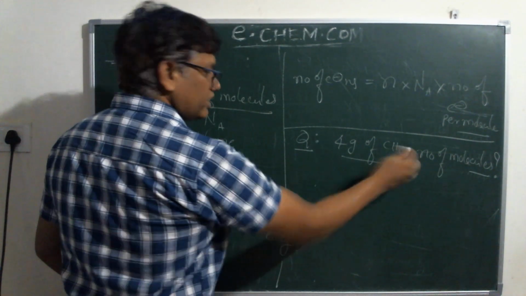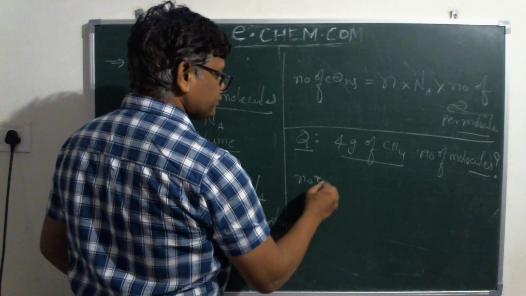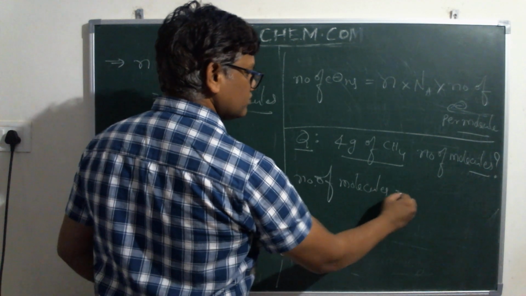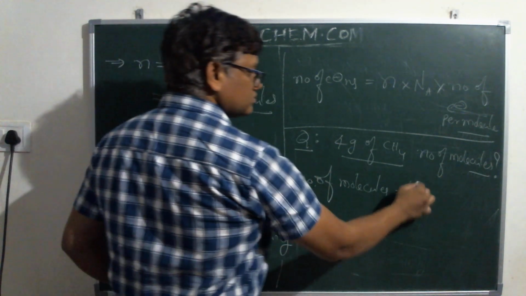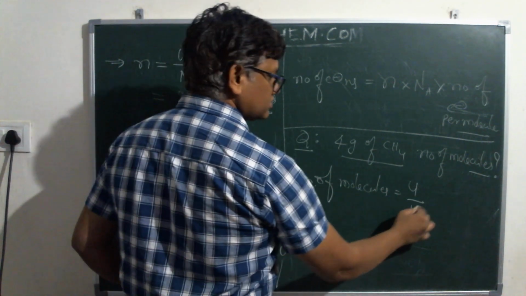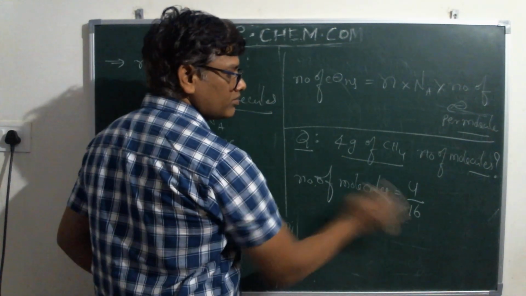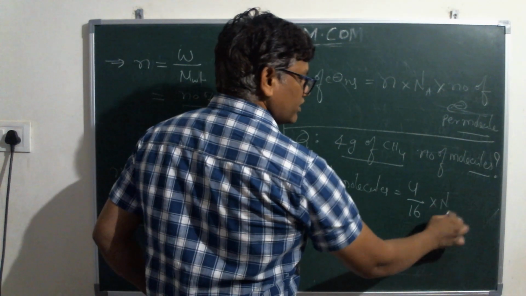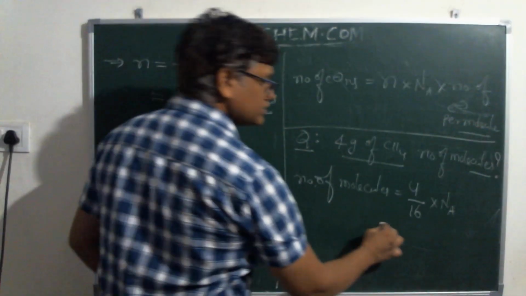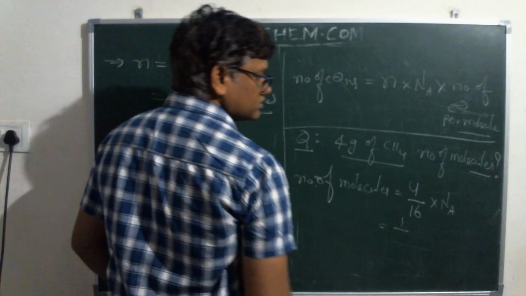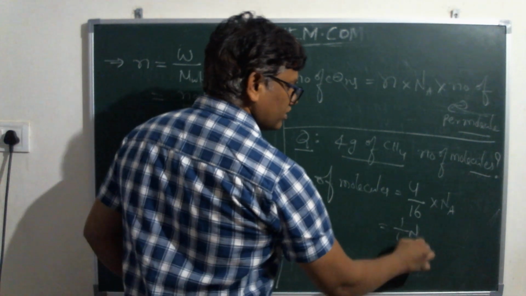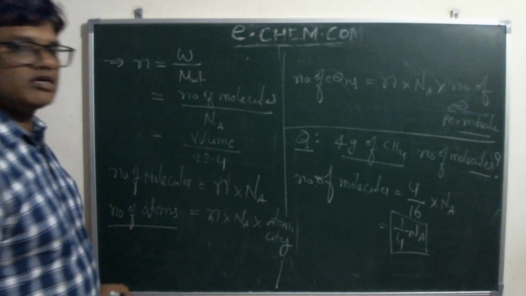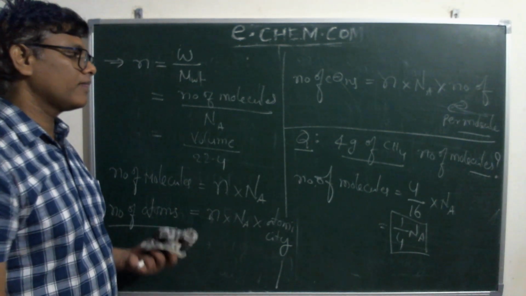The number of molecules is equal to the given mass divided by its molar mass, which gives the number of moles, multiplied by Avogadro number. On calculation you will get 1 by 4 into Na. These many molecules are present in 4 grams of methane.